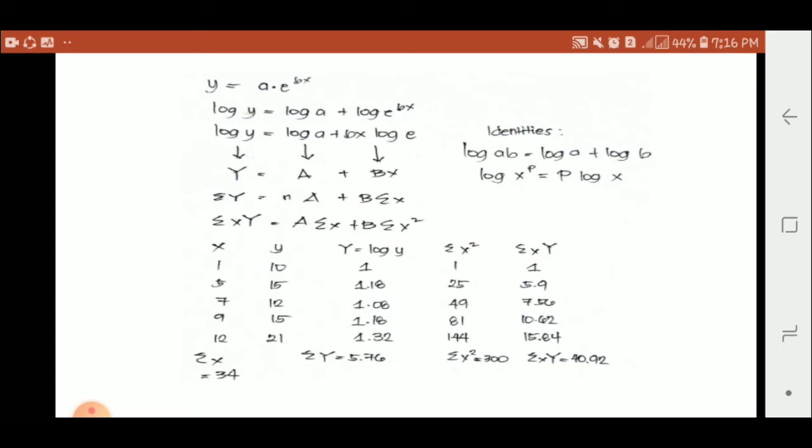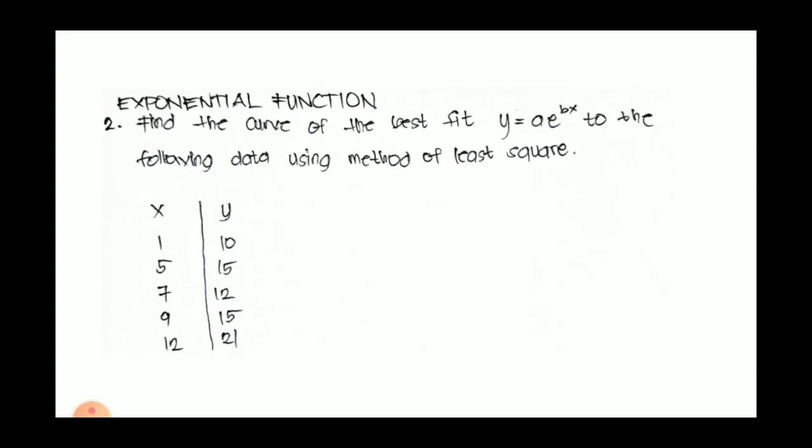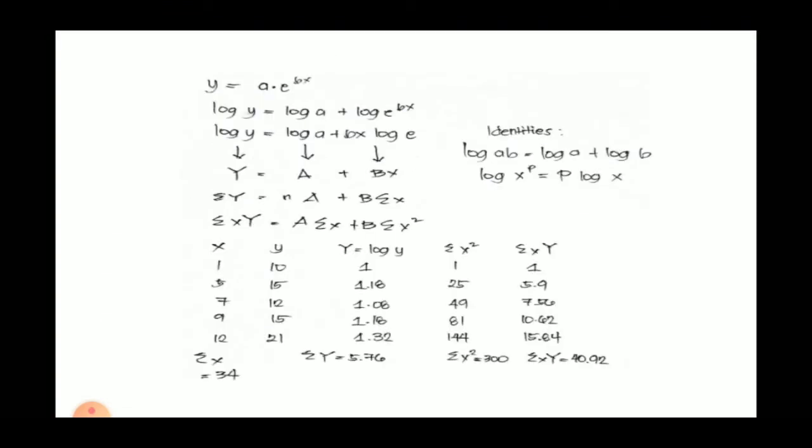After that, add all the values of x, add all the values of big letter Y, which is log y, and add all the values of x squared and of x times big letter Y. Now that we have the values for the unknown equation, the summation of Y equals n A plus b summation of x, we can substitute them into our equations.